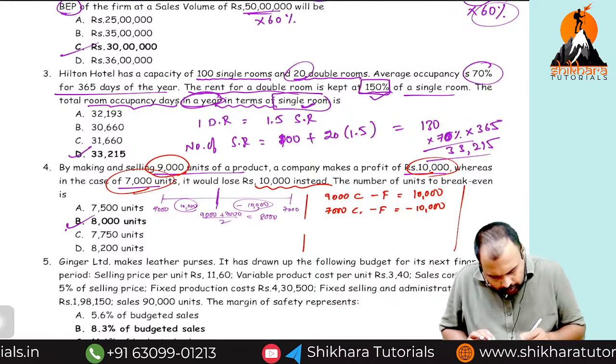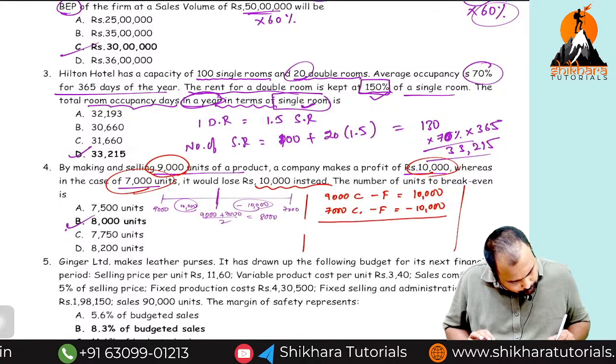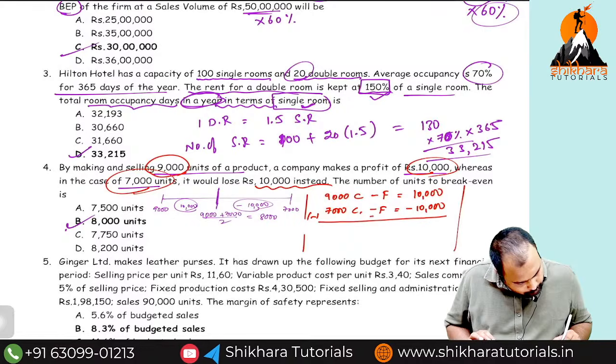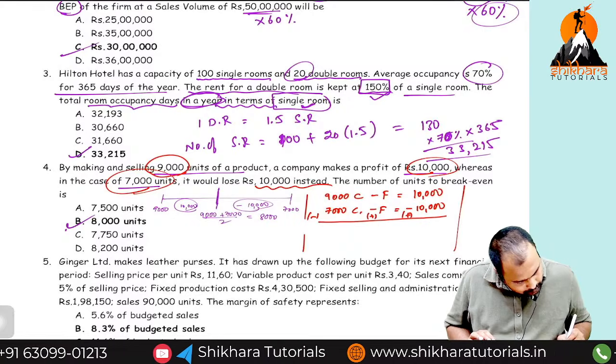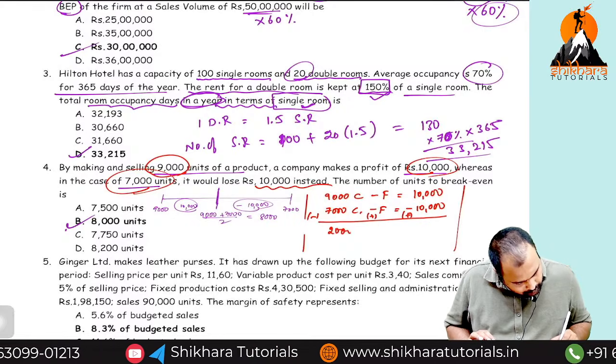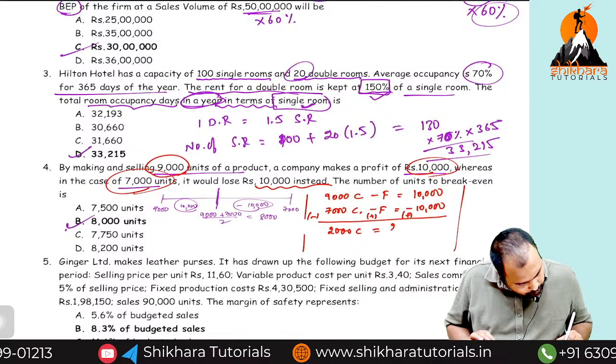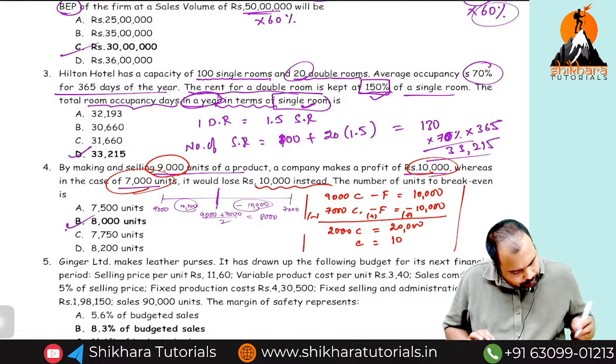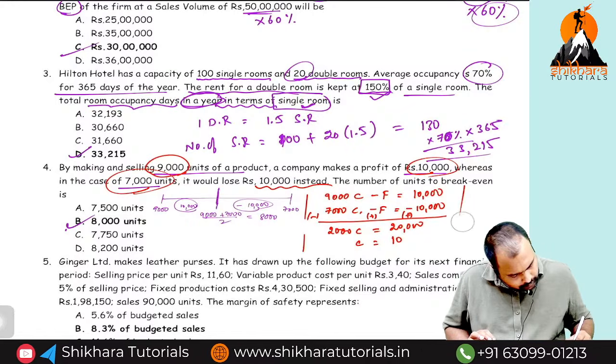If you subtract, then minus becomes plus, and it has to be 2,000 C is equal to 20,000. Then C is equal to 10. Contribution is equal to 10.